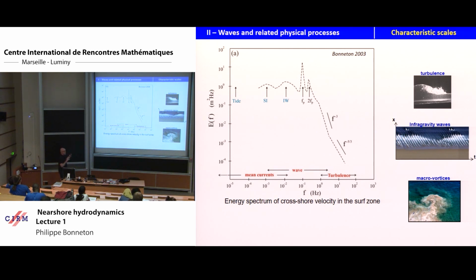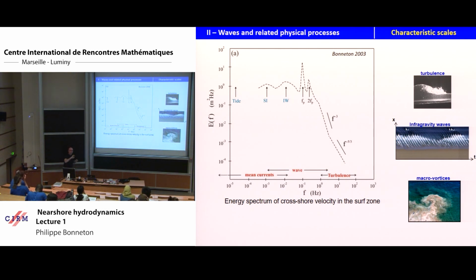Indeed, I would like to discuss the characteristic scales of processes related to wind-generated waves. For that, I will show you a schematic energy spectrum of cross-shore velocity in the surf zone.